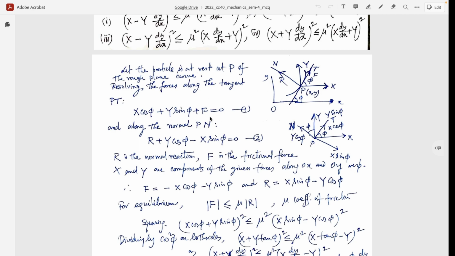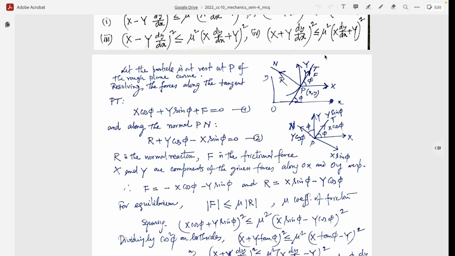Resolving the forces and F along the direction PT, we have three forces: X cos phi plus Y sin phi plus F equals 0, because Y sin phi comes from the resolved part of Y along PT.